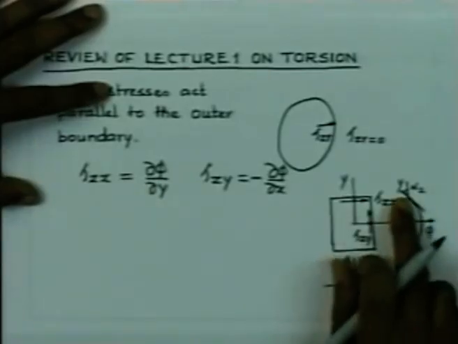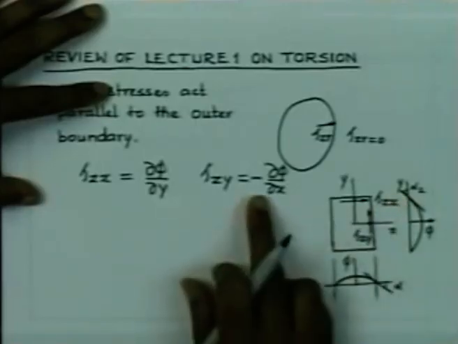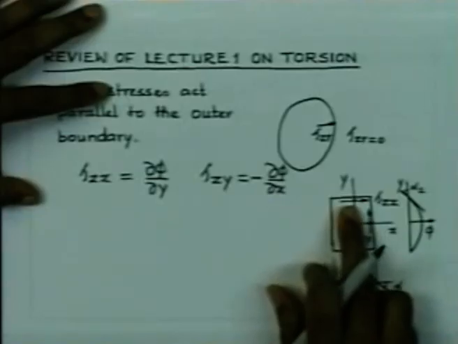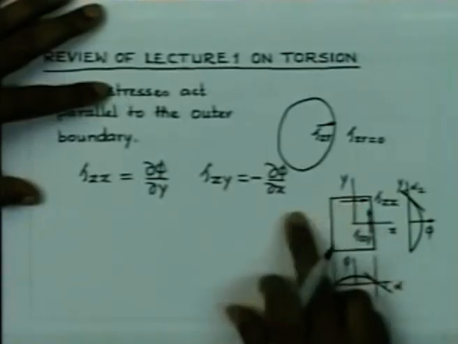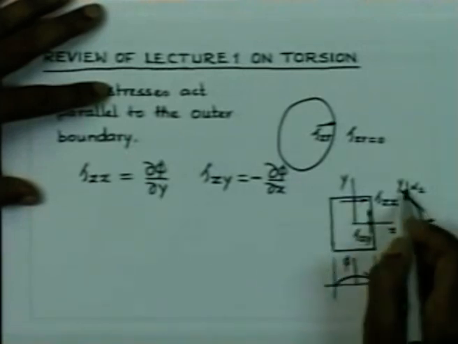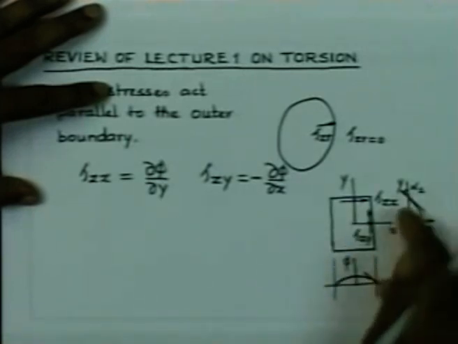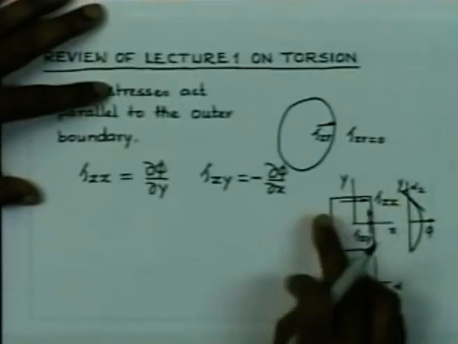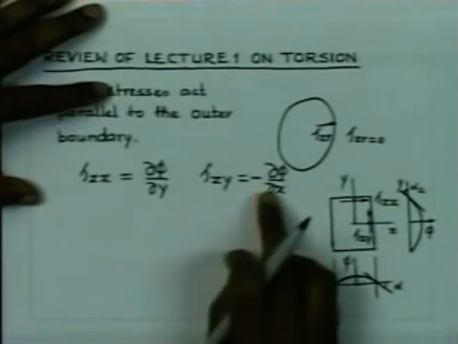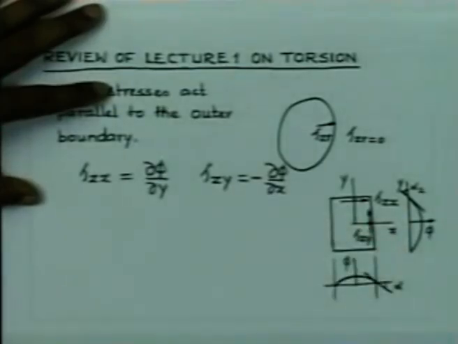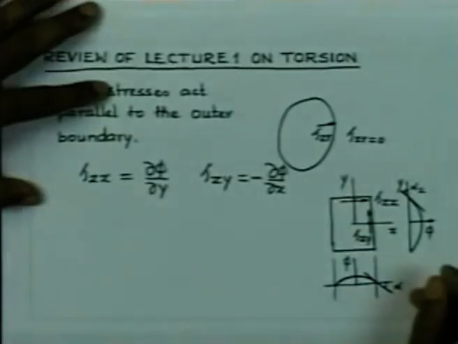And if this slope is negative, then obviously this minus minus will become plus, and therefore we are going to get the stress directed in the opposite direction. So if this angle is negative, minus tan alpha, then we are going to get the stress acting in the opposite direction.